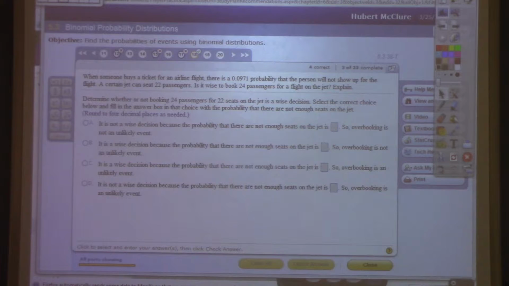Now this is very important because some people go, is it wise to book 24 passengers for a flight on the deck? And they'll use that 24 incorrectly. I don't care if 24 people show up or not. How many people are going to get on the plane? 22. Okay? I don't care if the guy has a gun.